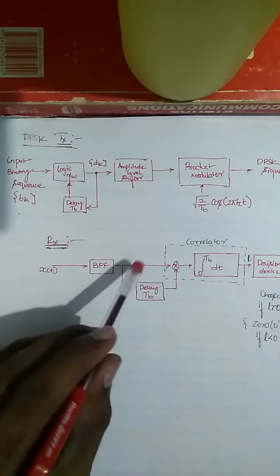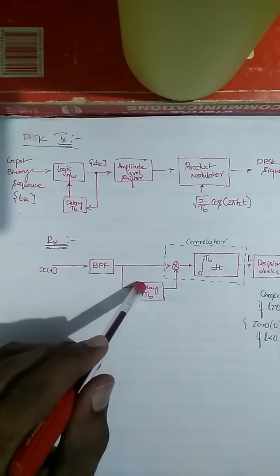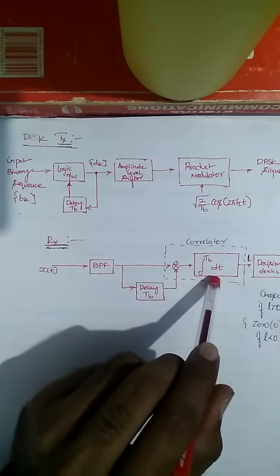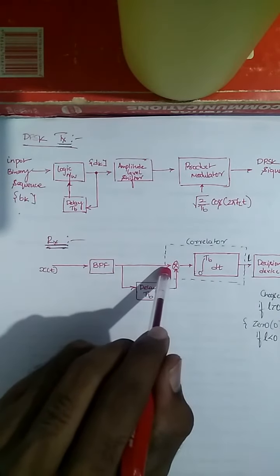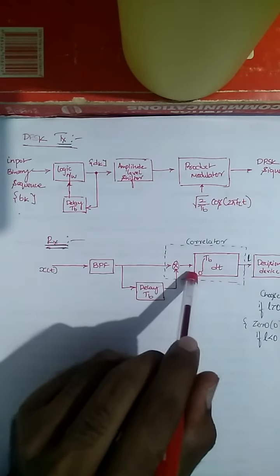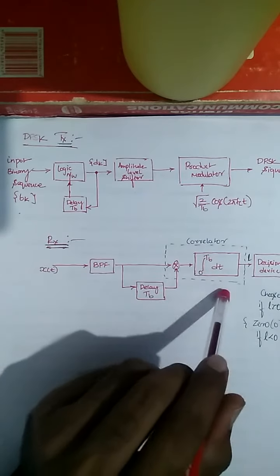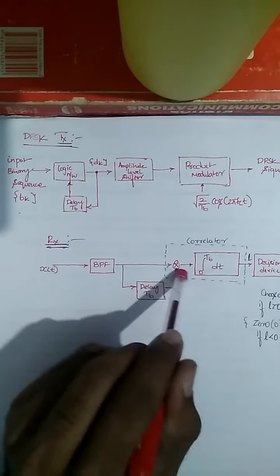That signal is multiplied with its own delayed version, and that product is taken to an integrator. This multiplier and integrator together perform an operation called correlation, which is basically finding the match between the current and the previous, and integrating it.